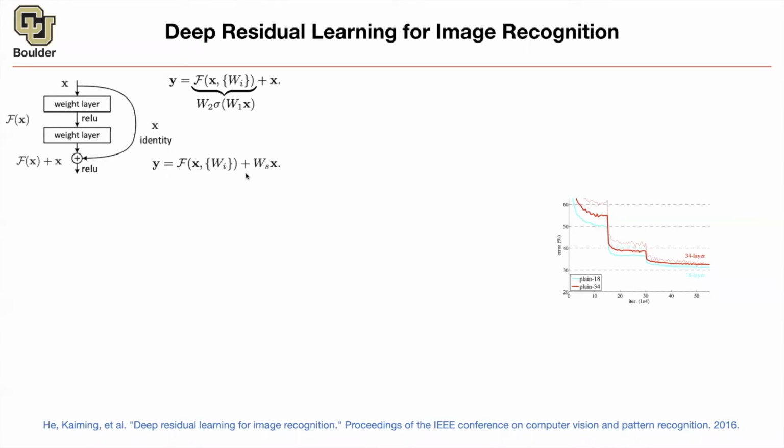Wait, so WS is initialized to identity, and then it can be driven away from identity, in order to put more weight on the weighted layers? So there are 2 scenarios that could happen. One is that X and Y have the same dimensions. If they have the same dimensions, this is what you use. So there are no weights on X. You use an identity without any weights.